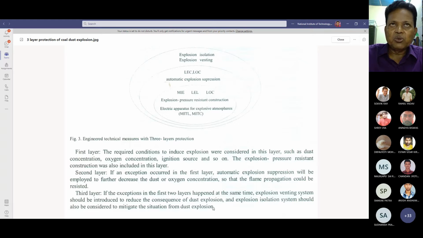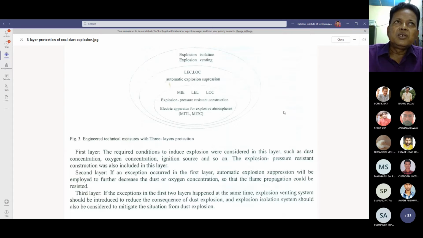So this is called the 3-layer protection of coal dust explosion in coal mines. First layer is explosion isolation, explosion venting. Second layer is automatic explosion suppression. Third layer is explosion pressure resistant construction, electric apparatus for explosive atmospheres.